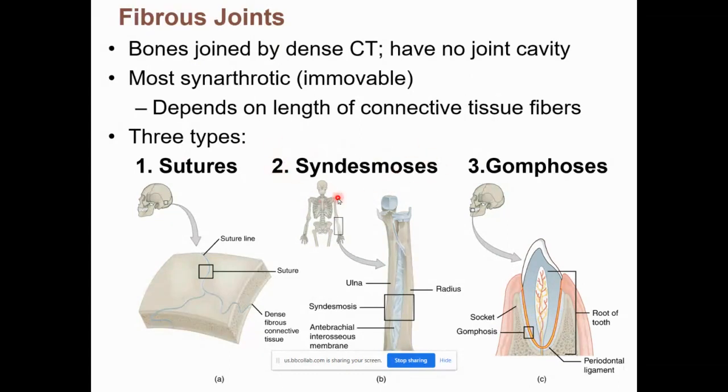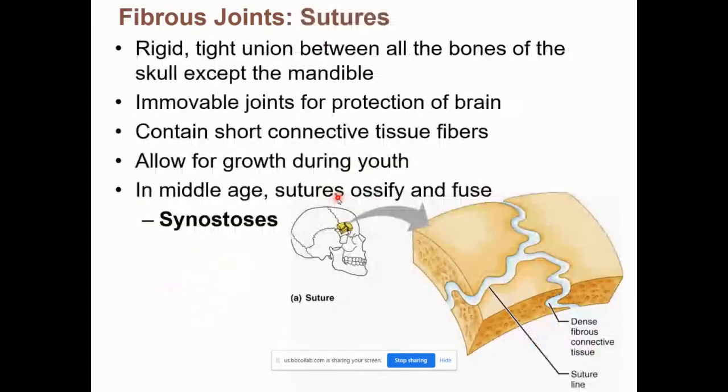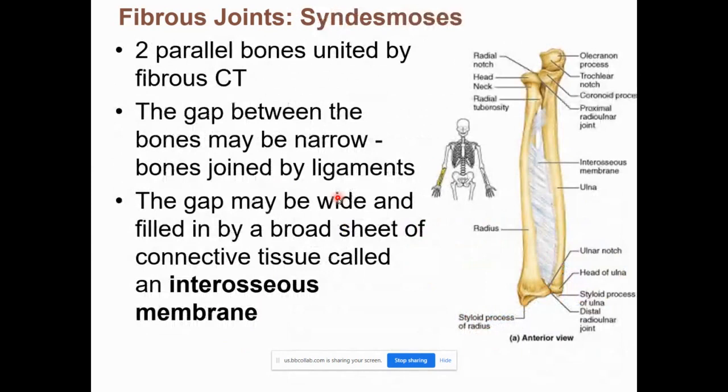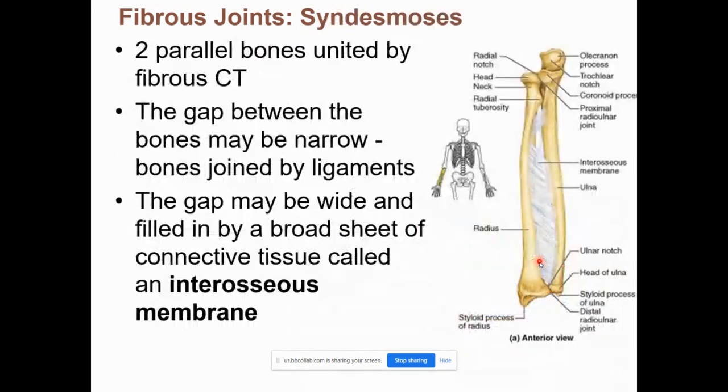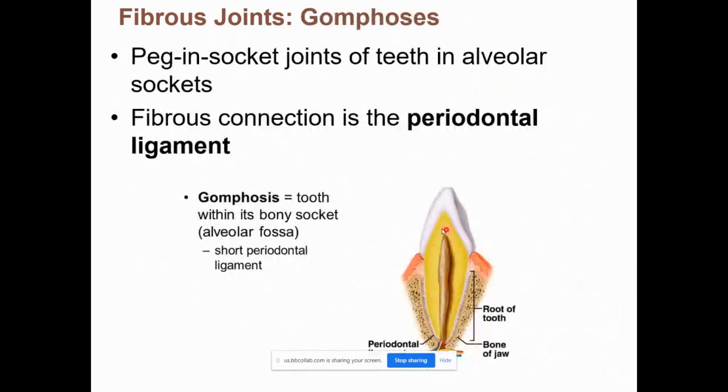And the one I skipped over, I'm going to scroll through until we get to that. First I should say the fibrous sutures are immovable. So we can say a fibrous suture is a synarthrosis if we want to use a functional classification. If I go to gomphosis, I wouldn't ask for a functional classification.